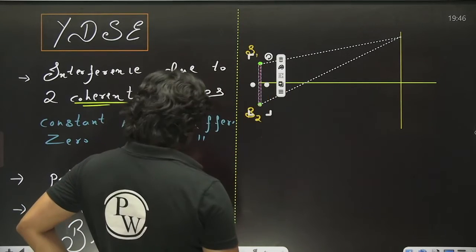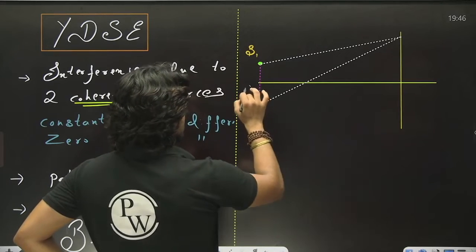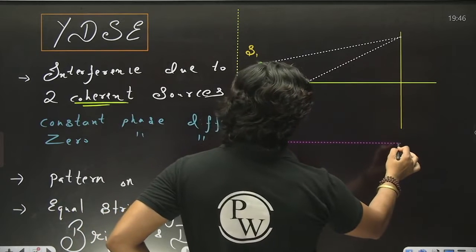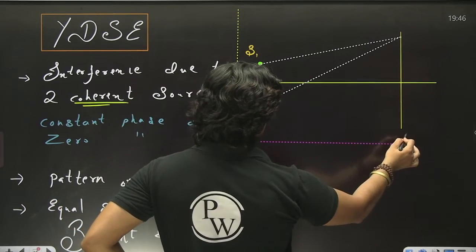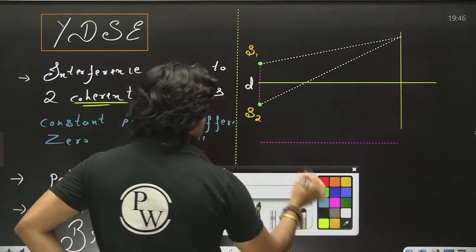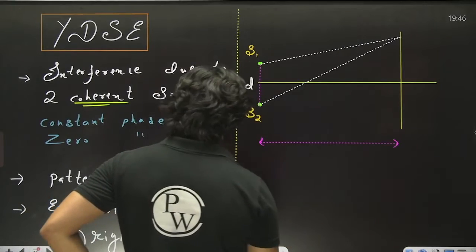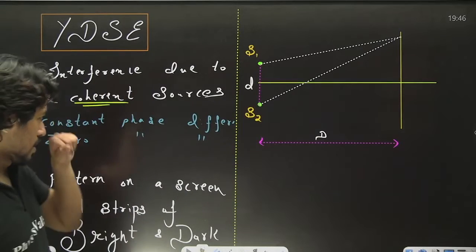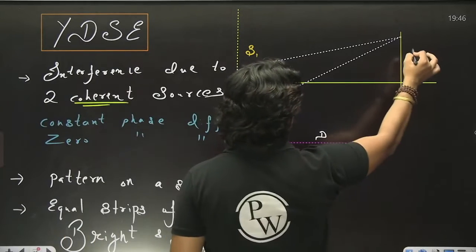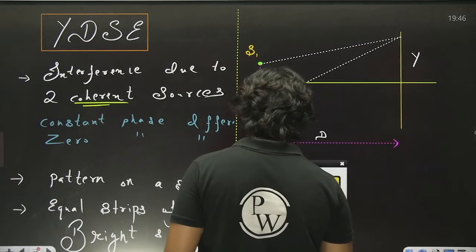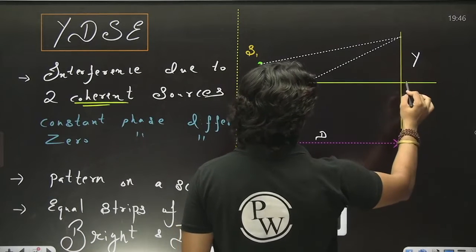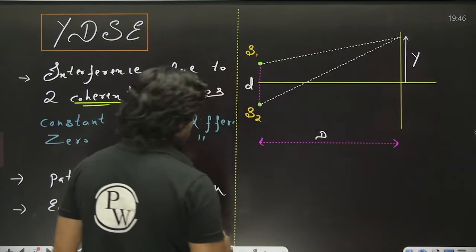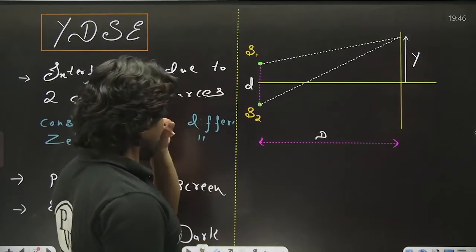This separation is small d, and this separation is capital D. This is the location of maxima, or minima.